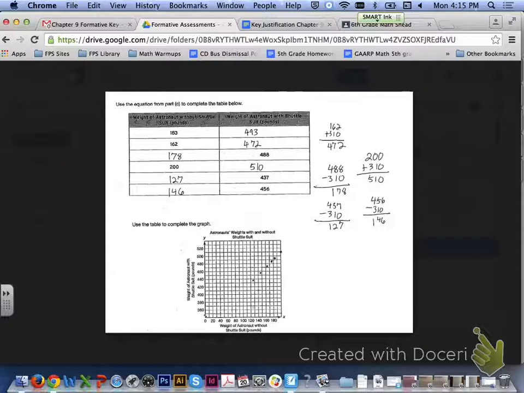You subtract 310, and you're left with 127. The last one, 456 pounds, again subtract 310, and you're left with 146 pounds that astronaut weighed. So then you need to plot those on the graph. Now the little squiggly marks on the left-hand side, remember that means that the graph is skipping all the numbers up before that.